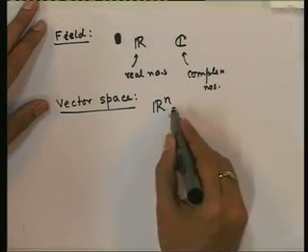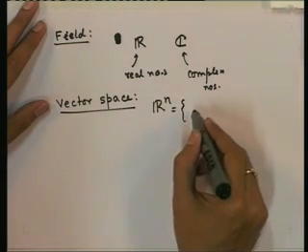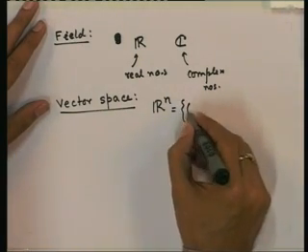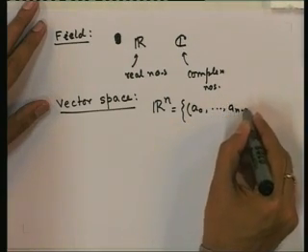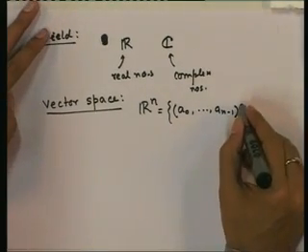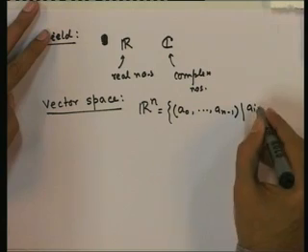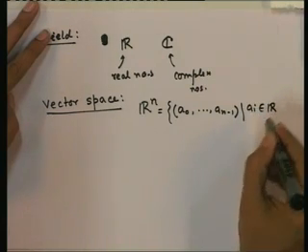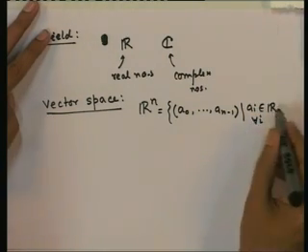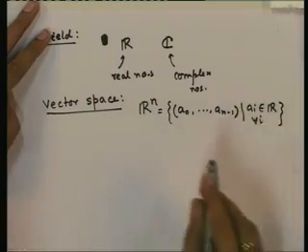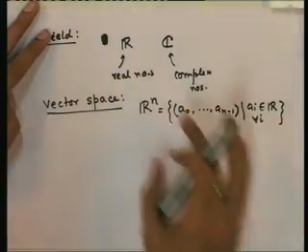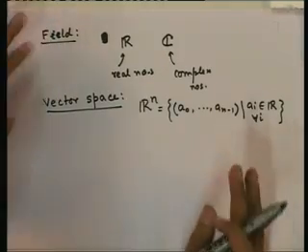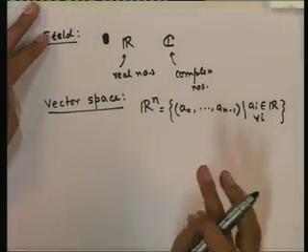What is R^n? It is the set of all n-tuples of real numbers, like (a0, ..., an-1) such that each ai is in R, that is, real numbers for all i. Take all such n-tuples, and that set is called R power n.